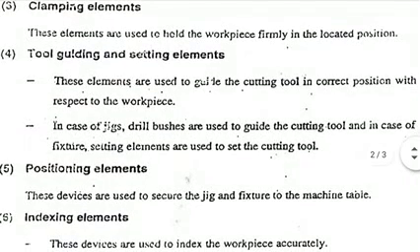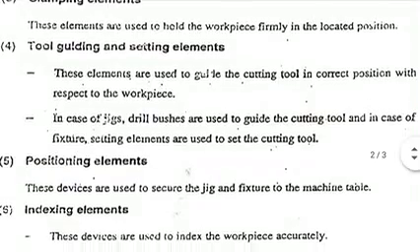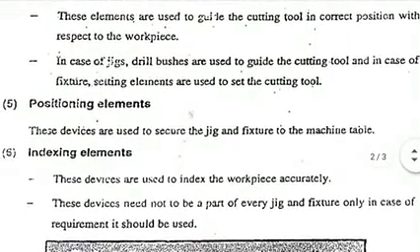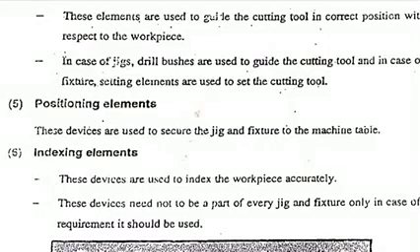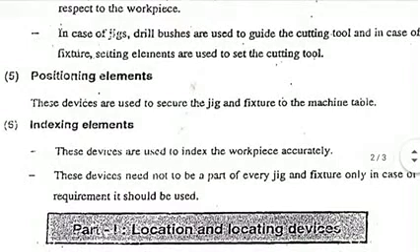Tool guiding and setting elements. These elements are used to guide the cutting tool in the correct position with respect to the workpiece. In case of jigs, drill bushes are used to guide the cutting tool, and in case of fixtures, setting elements are used to set the cutting tool. Next are the positioning elements.